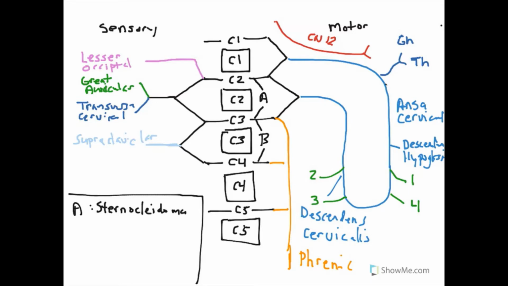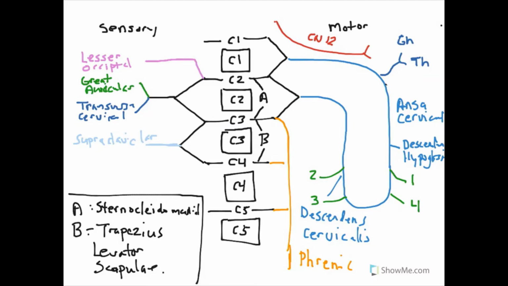And then B is a nerve that goes to trapezius and levator scapulae. So we're going to go to part of the trapezius and levator scapulae. As we said, this also goes to some of the shoulder stuff as well.